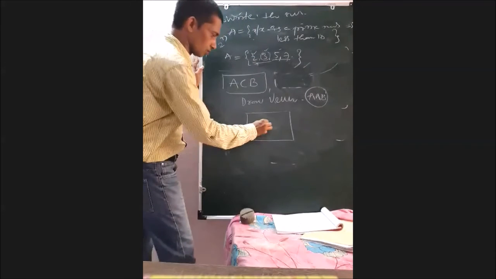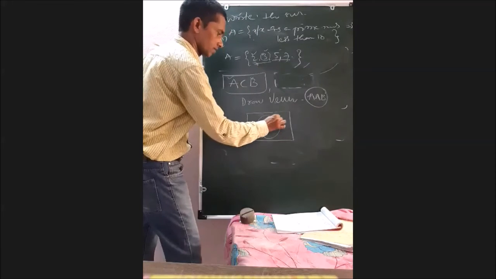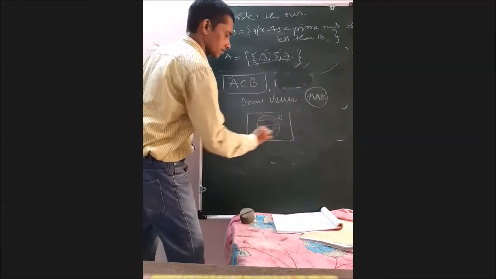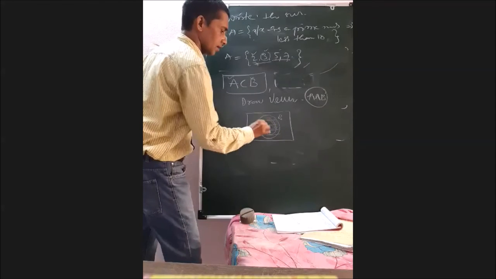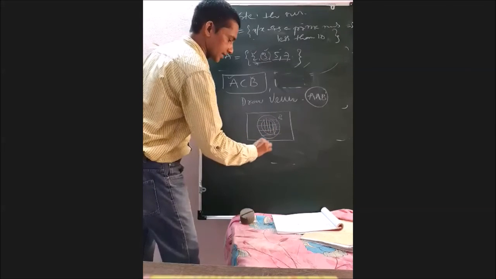Here what you do is take the subset. A is the smaller one, B is the bigger one. Take B bigger, so B is like this, and here A will be inside it like this. Now, what will be A intersection B?